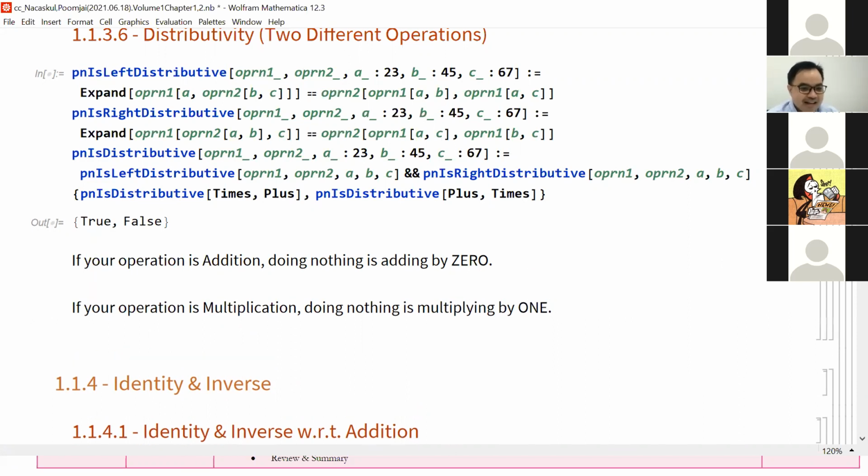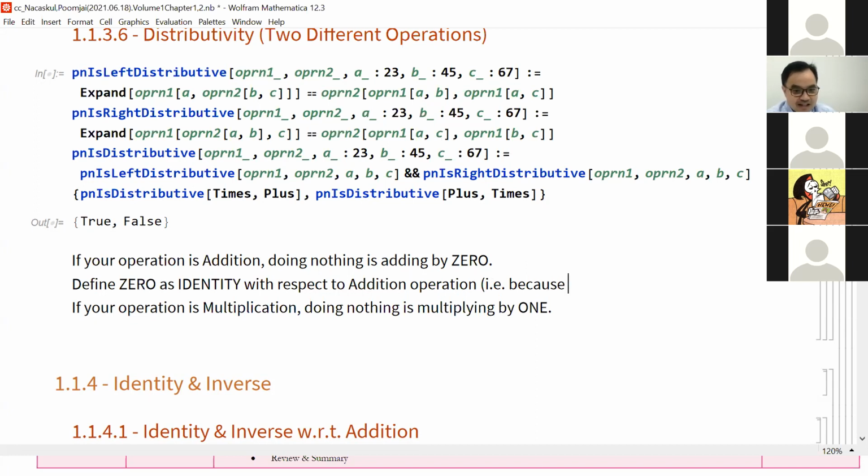So in this case, I define 0 as the identity with respect to addition, because adding 0, that's nothing. If your operation is multiplication, then doing nothing is multiplying by 1.